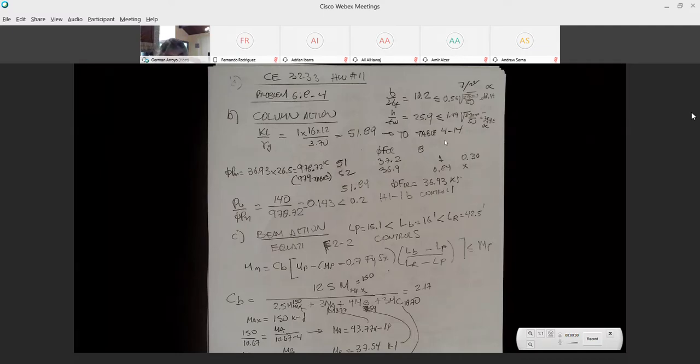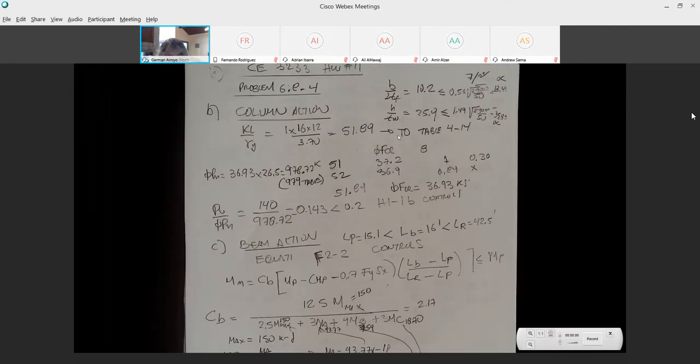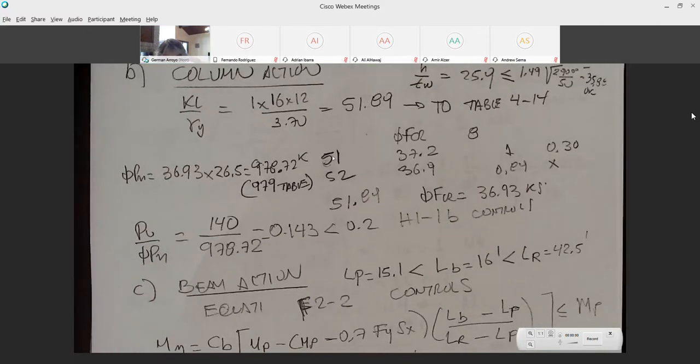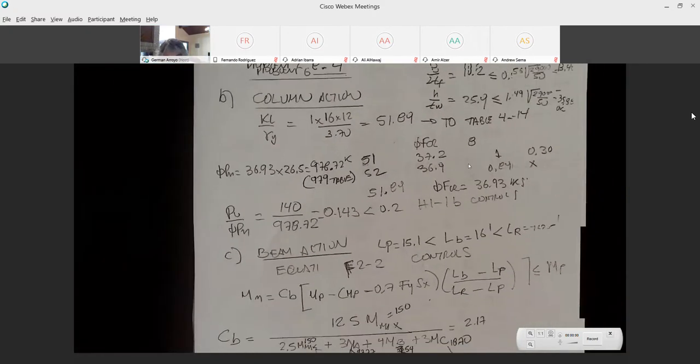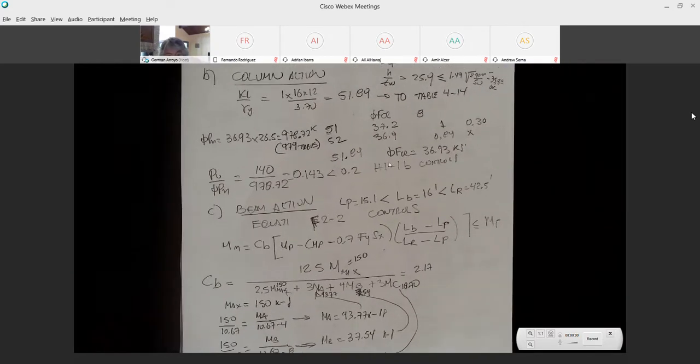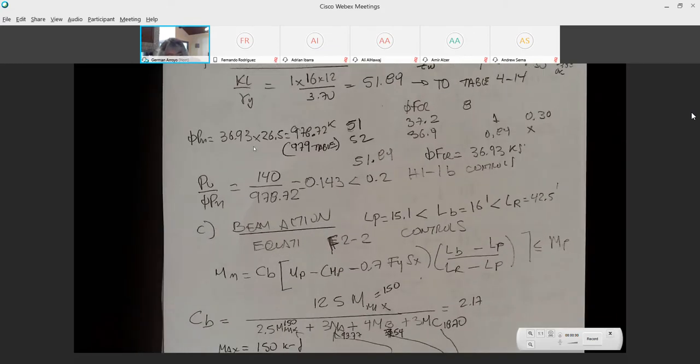And so we went to the end of chapter 4, to the table, and we did the interpolation between 51 and 52. The critical stress by interpolation, we multiply times the area.